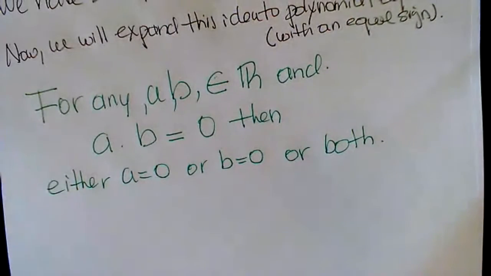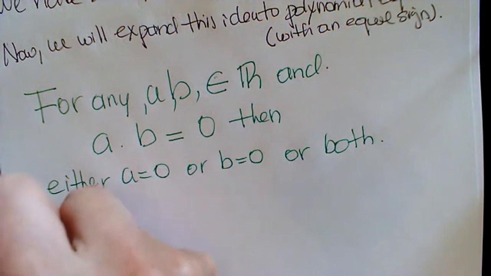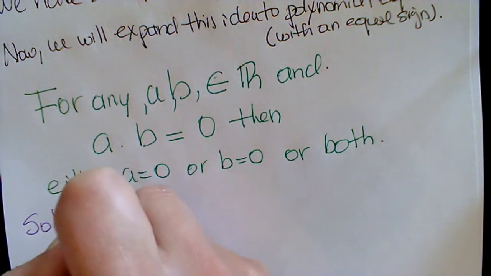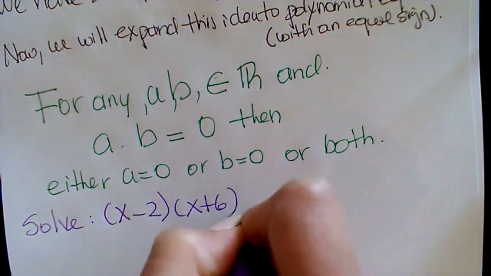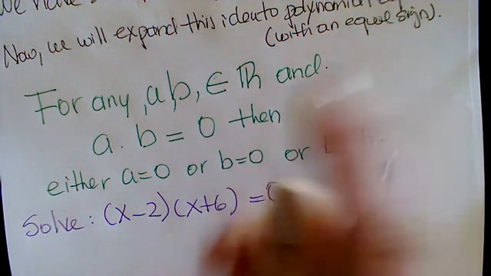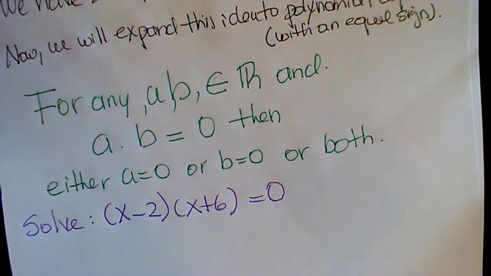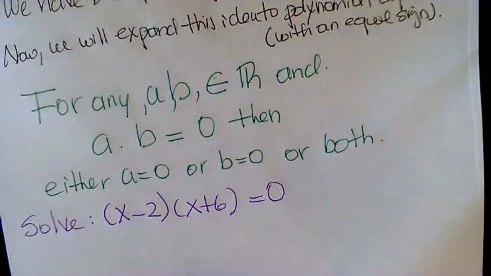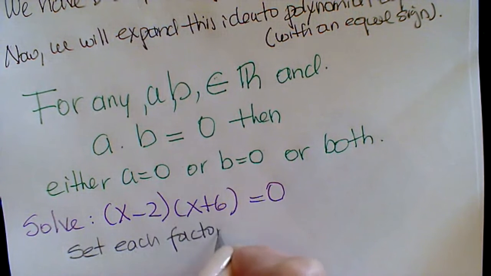And let's do the first exercise. It says solve x minus 2 multiplied by x plus 6 equal to 0. This is an equation, we have an equal sign. So the first thing that we're going to do is set each factor separately to 0.